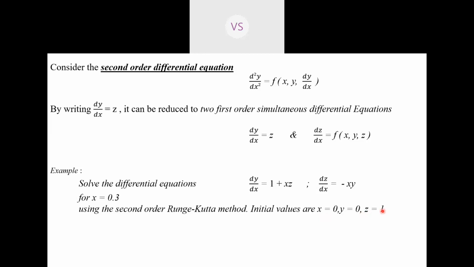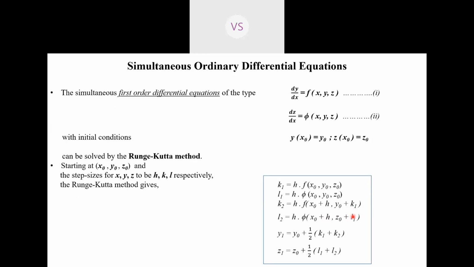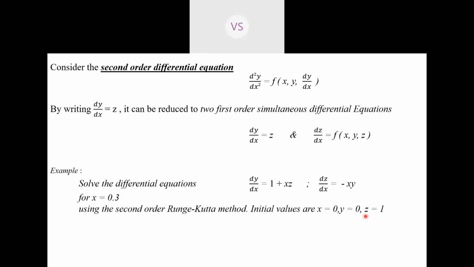So you have to solve by using this formula. We are finding k1, k2 first, then we are finding the value of y1 and y2. We can find the value of z, z1, z2 in this way.